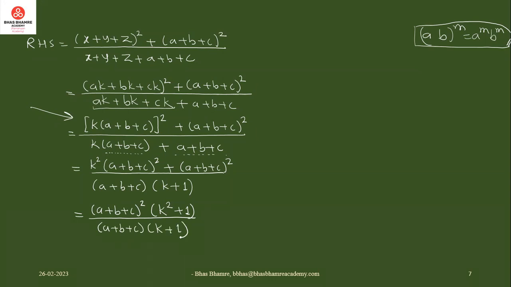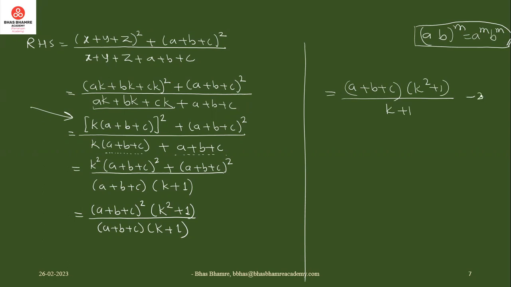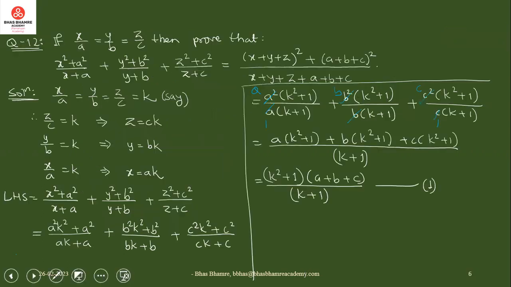Now, when we observe that a plus b plus c the whole square upon a plus b plus c can be simplified, one power can be reduced. Here we have k square plus 1 totally upon k plus 1. Say number 2, from 1 and 2.